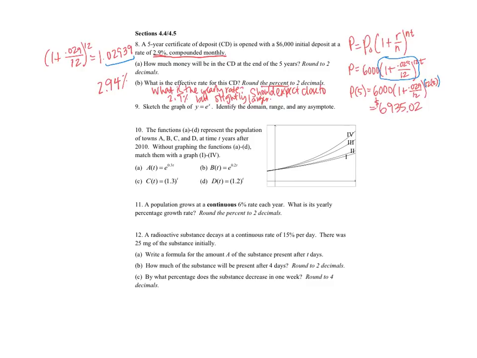All right, and number 9, it says sketch a graph of e to the x, identify domain, range, and the asymptote. Okay. So if I graph e to the x, I know that e to the 0 is 1. So that point is one it goes through. I know that e to the first is e, and e is about 2.7.